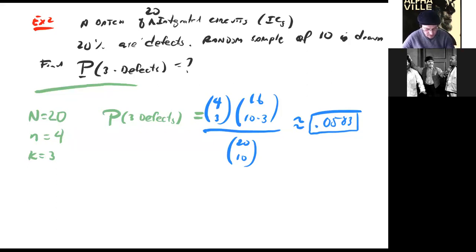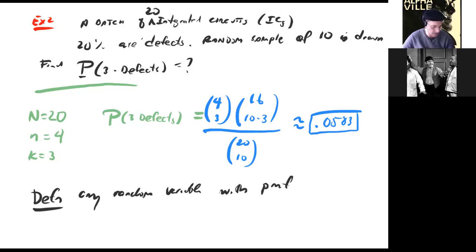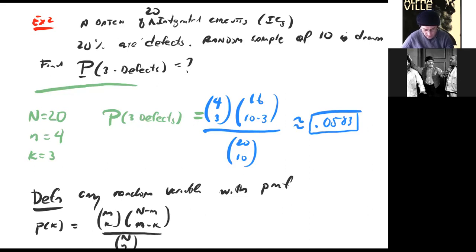By the way, we should have made a definition. Any random variable with PMF given by P of k equals M choose k times N minus M choose n minus k, over N choose n, is called hypergeometric of type, well, it depends upon three parameters, N, n, and m.